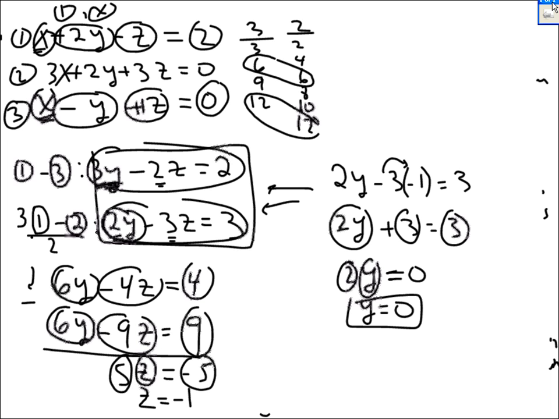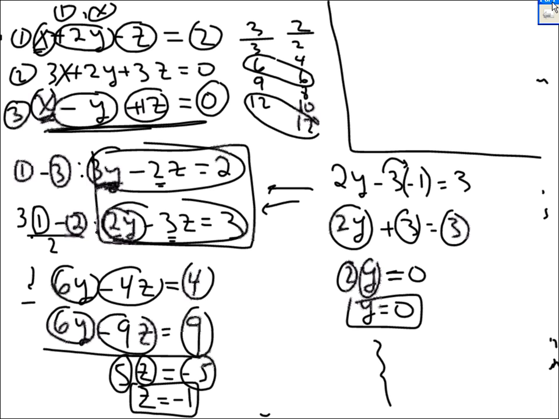I ran out of room to write below, so I'm just going to write it up here. Go back to any equation that has x in it. Any equation. The easiest looking one. It's the one that I think I called 3. X minus y plus z is 0.